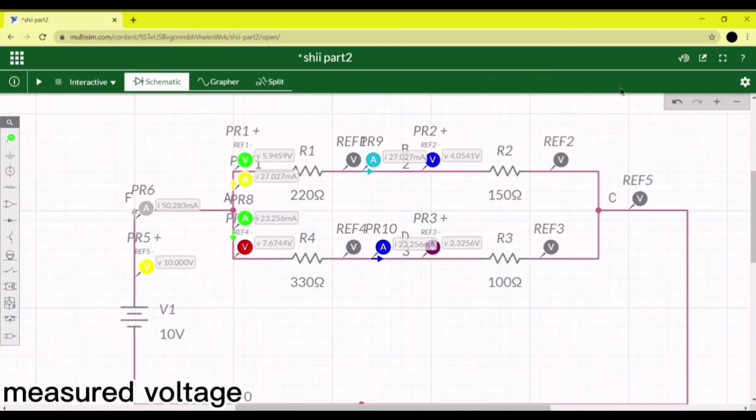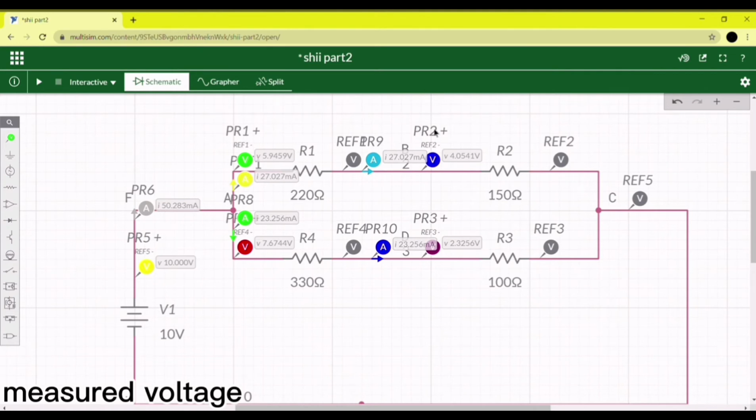The measured voltage value for AB is 5.9459 volt. Meanwhile, for BC, the measured value is 4.0541. For AD, the voltage value is 7.6744 volt. For DC, we got 2.3256 volt.